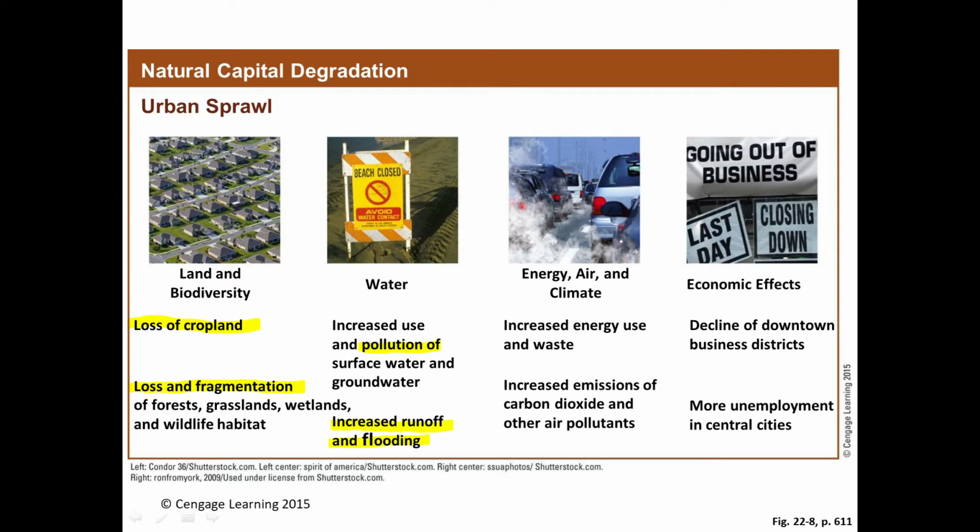Because we're traveling a lot more to get places, we're increasing energy use, which means that we're increasing emissions. And then as you have these people leaving, this urban blight, which is what Mr. Anderson talked about, you see this decline economically of downtown, and you see unemployment levels rise.